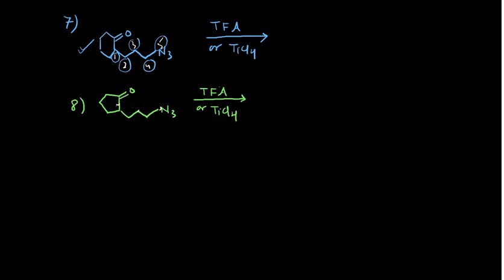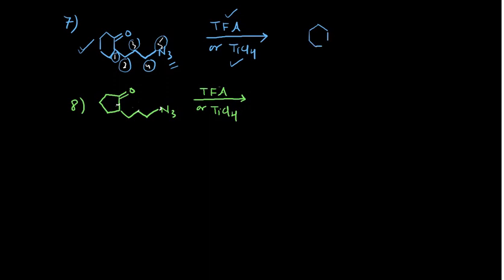This is the trick I already told you: increase by one atom, that is nitrogen, in the already given ring which is bearing your carbonyl group. And you can see here the reagent we have taken is TFA, trifluoroacetic acid, or you may also take titanium chloride. And don't forget that the alkyl azide functionality is already there in the group. Then it is easy to form the product. First of all, make the 7-membered ring.